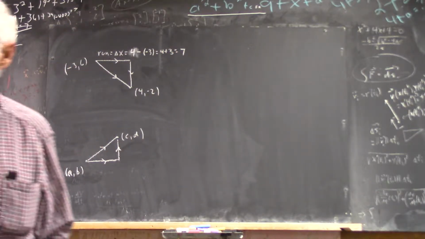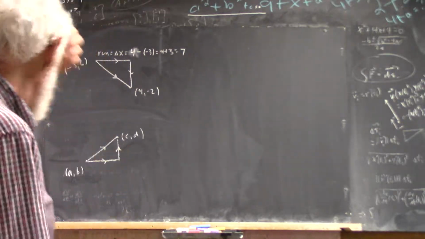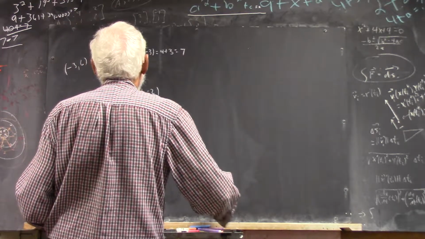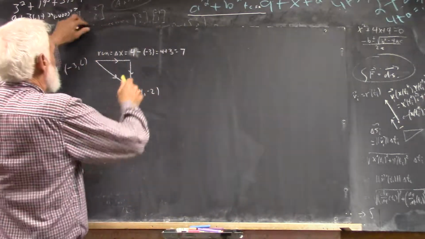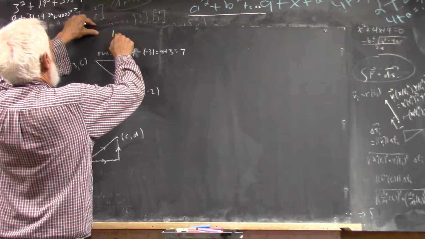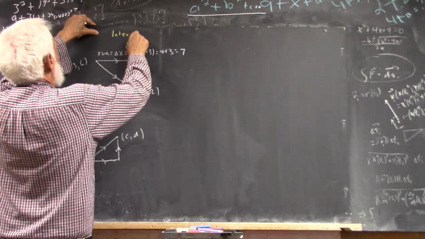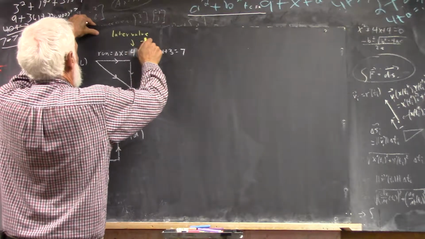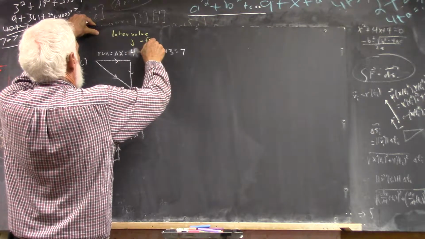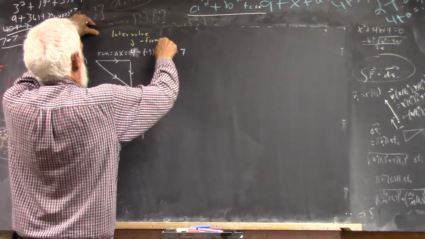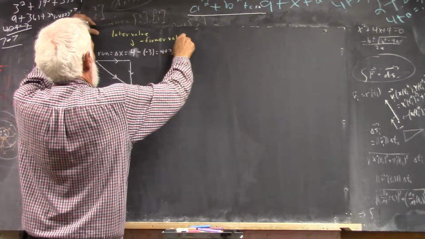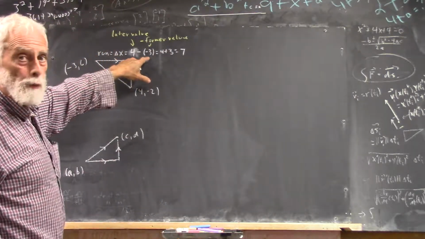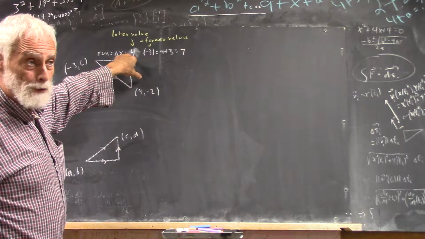Now, notice we take the later value minus the former value. We subtract where we are from where we're going. We don't subtract it the other way.